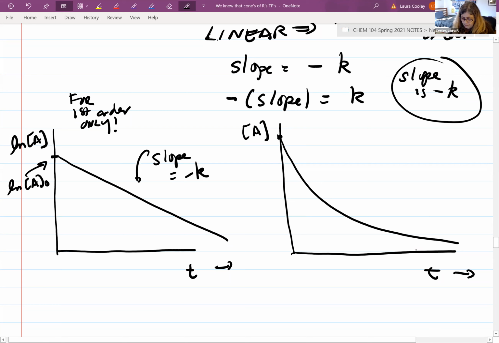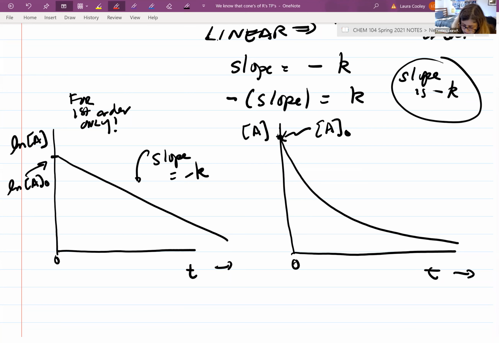Now, for first order, this curve has a particular shape. And this guy here, that's the initial concentration, right? That's the concentration when t equals 0. All right. If I take half of that, so I'm going back. If I take the length of this line segment, I divide it in half. It's about here.